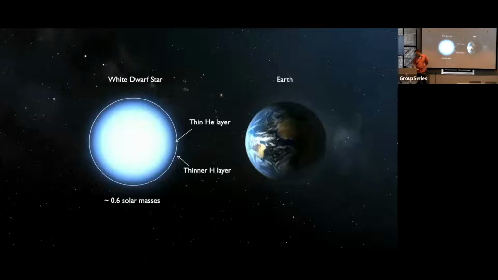There are two main reasons that I'm interested in studying white dwarf stars. One is the extreme compression of matter that's present in these extraterrestrial laboratories. We can study the physics of matter under these extreme compressions. But also, white dwarf stars represent the final end stage of about 97% of stellar evolution in our galaxy.